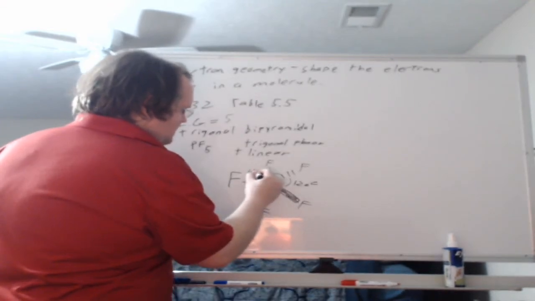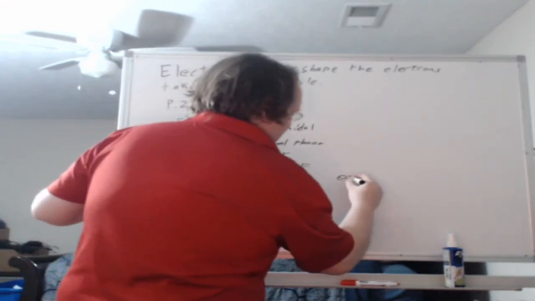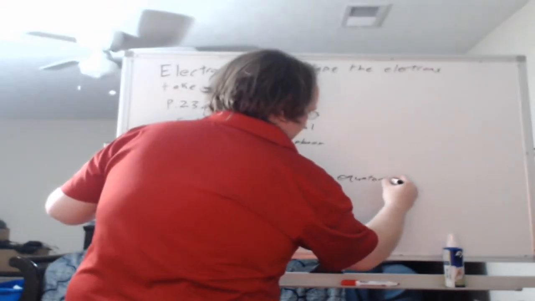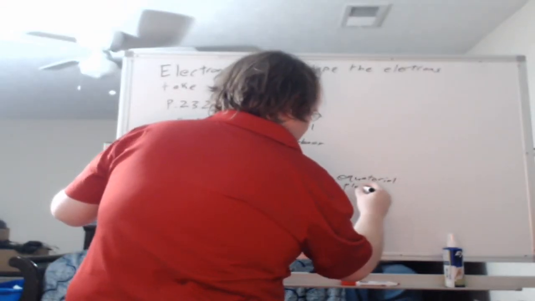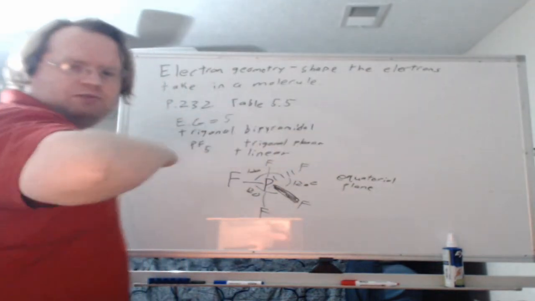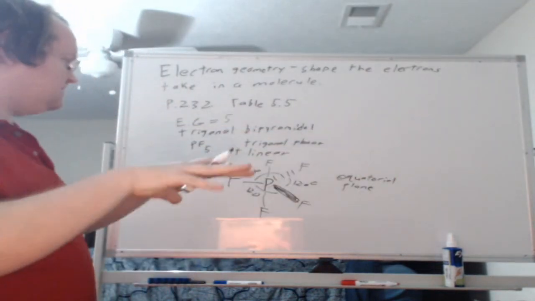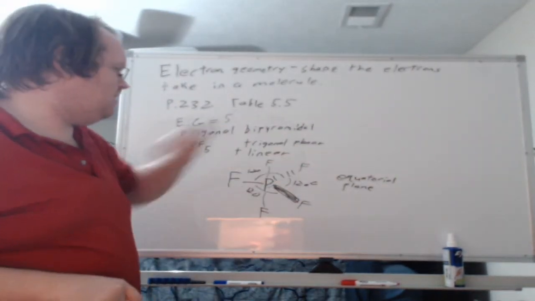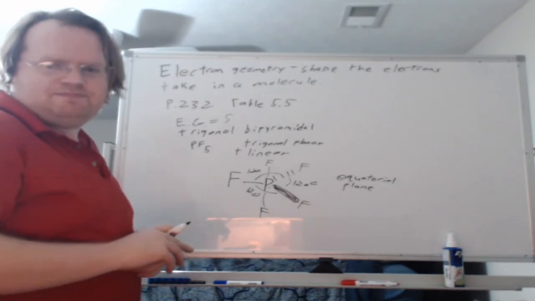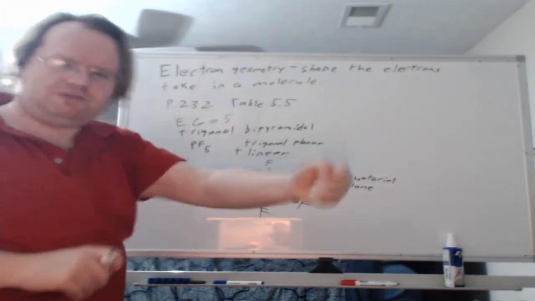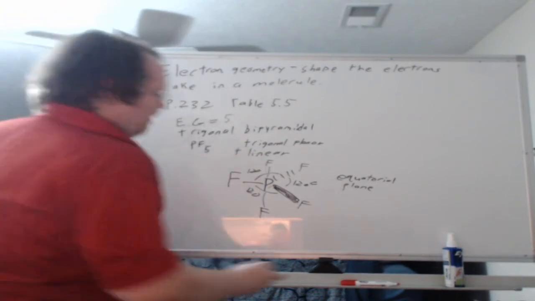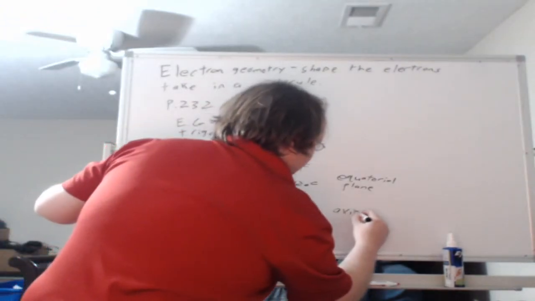So these angles are on what we call the equatorial plane. That's going to be the stuff going side to side. So in that side-to-side plane, we have these 3 atoms. Then we jab the fluorine through the middle, and the top and bottom are called the axial atoms.